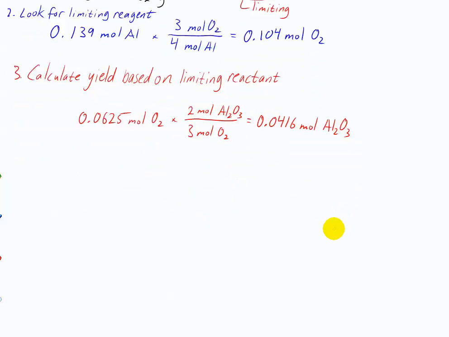And then we can finally convert that to mass. What's the molecular weight of alumina, Al2O3? And so finally we'll get 3.25?